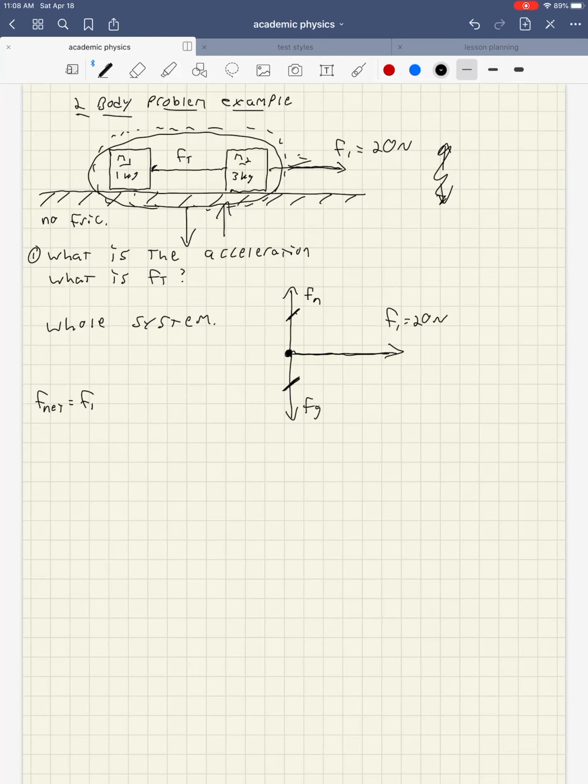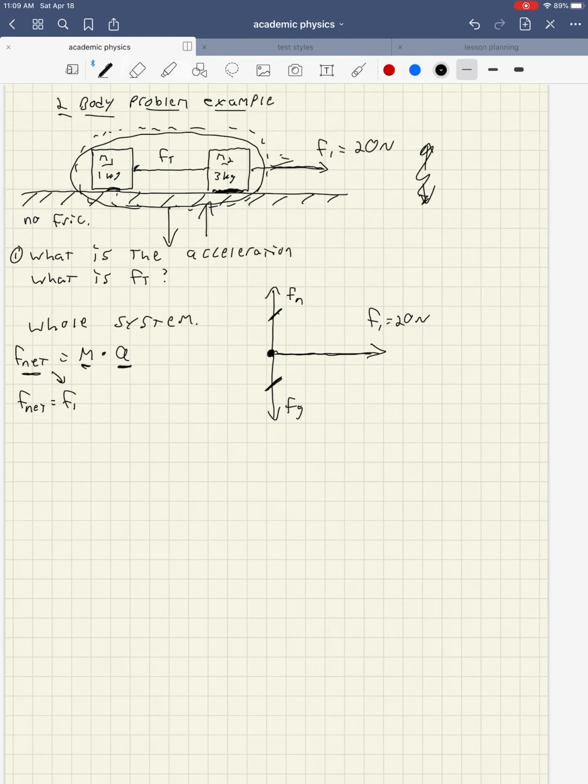Also remember Newton's second law, that my net force is equal to mass times acceleration. This is what we want to solve for. Now let's ask ourselves, do we know what my net force is? Absolutely. It's just my F1. Do I know what my mass is? Yeah, even though we're treating these two separate things as one object, we know the masses of each of them.